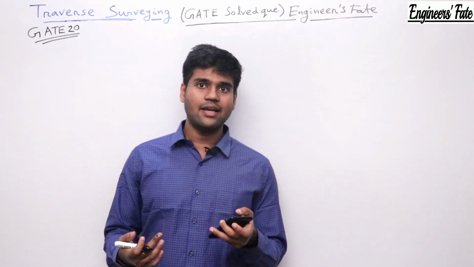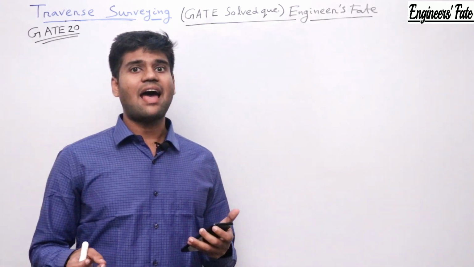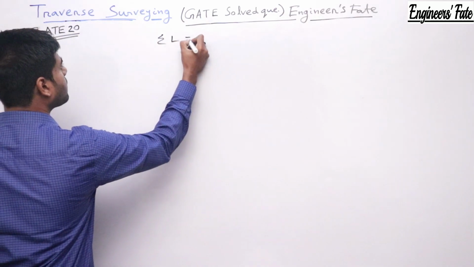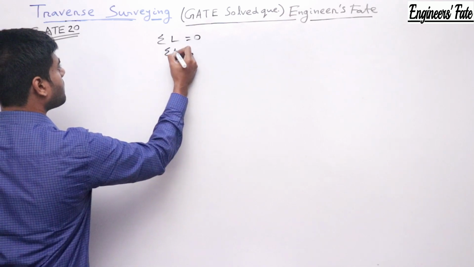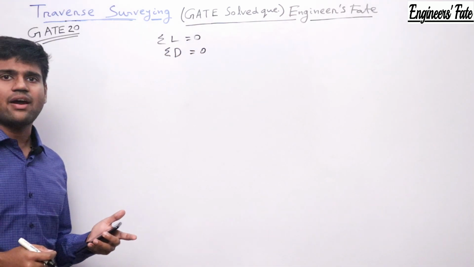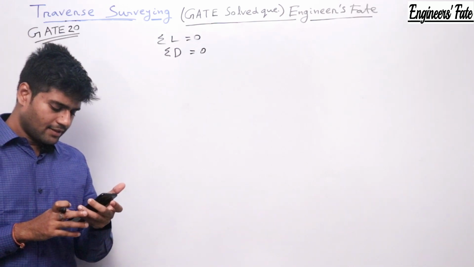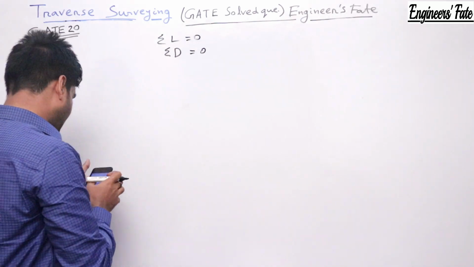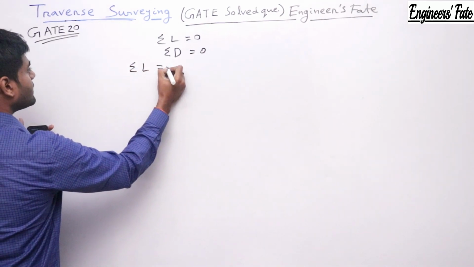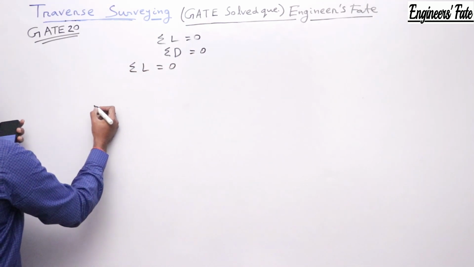Now I can find the length SP, as I know for a closed traverse summation of latitude equal to 0 and summation of departure equal to 0. From that I can find the value of the missing length. So let's find the value of the missing length. First I have to apply summation of latitude equal to 0.